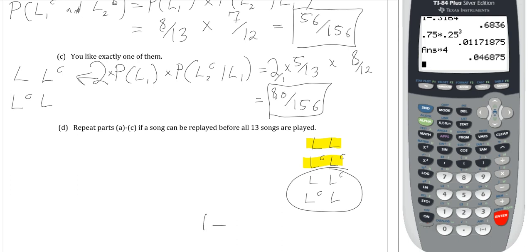I could do 1 minus these 2 probabilities, which we solved was 20 out of 156 and 56 out of 156. I could take those away from 1, or 156 out of 156.